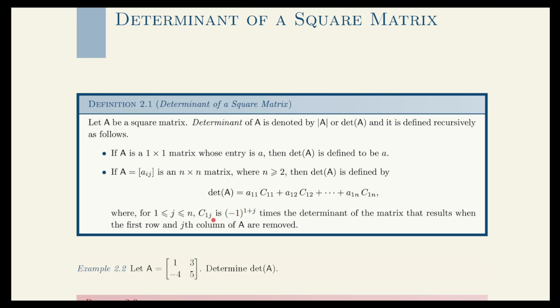And what do I mean by C1j, whatever j is from 1 to n? It is minus 1 to the power of 1 plus j times the determinant of the matrix that results when the first row and the jth column of A are removed.